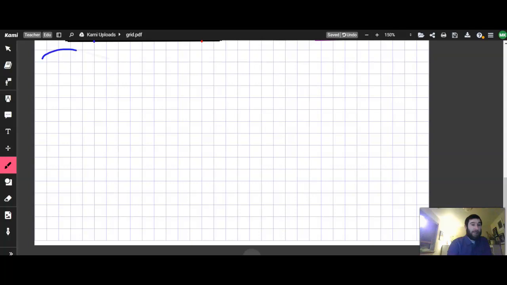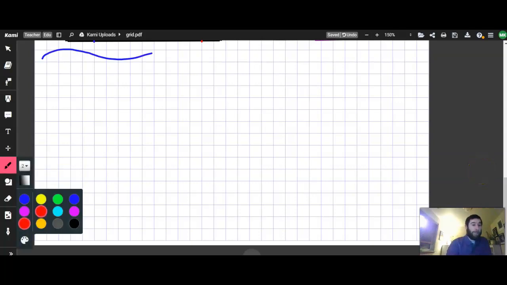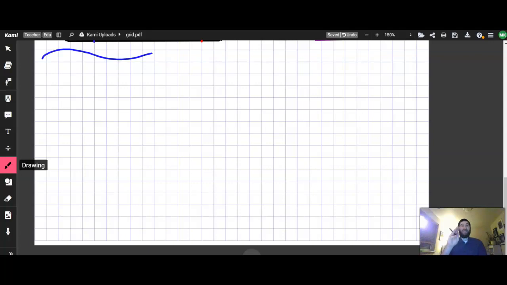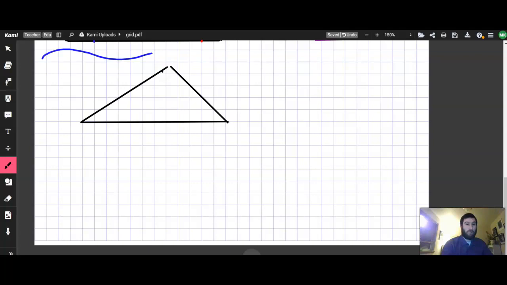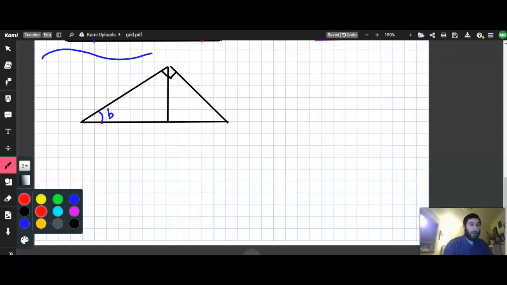So taking that same sort of example, and instead of trying to look at it as it is, redraw it where everything already is matching in terms of how it looks and where it's positioned. So we're going to take the original, with its altitude, and with the color-coded angles that we had before. So angle B over here, and angle A over here.